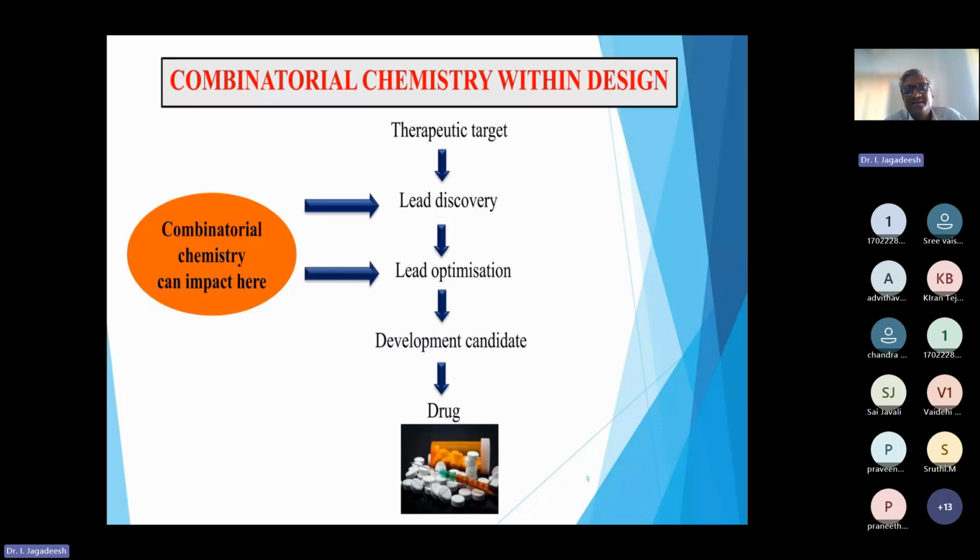After having the lead, we optimize it for better activity, and after optimization, you come out with a new drug which is not already existing. So now this chemical we name a drug. Previously, we called it a hit, lead, pharmacophore. These are all things which will be named a drug.